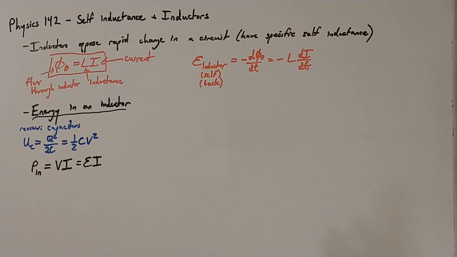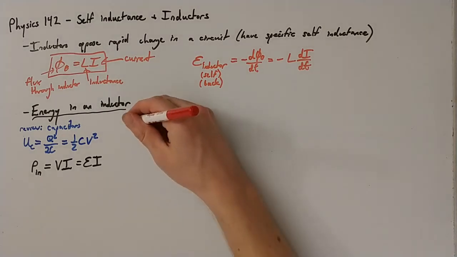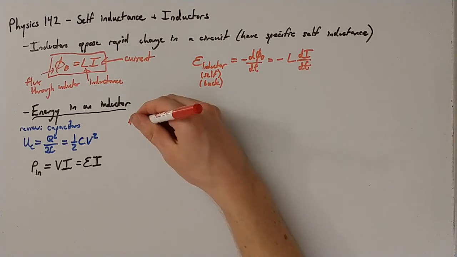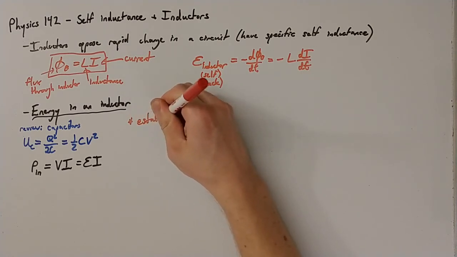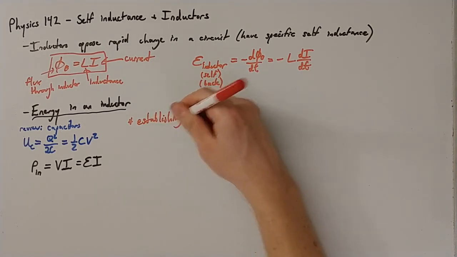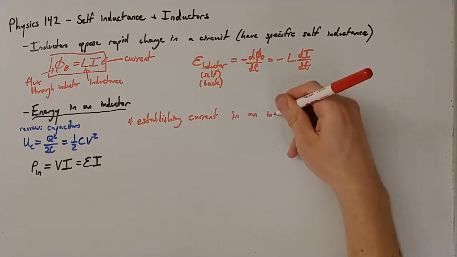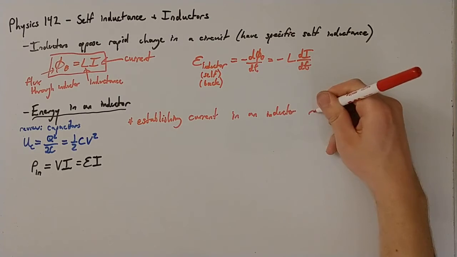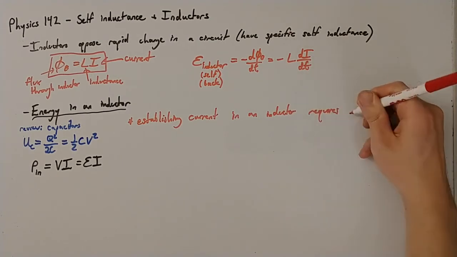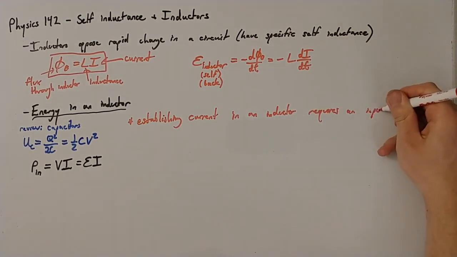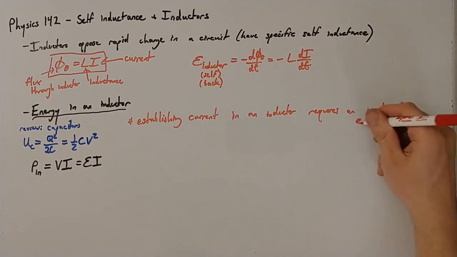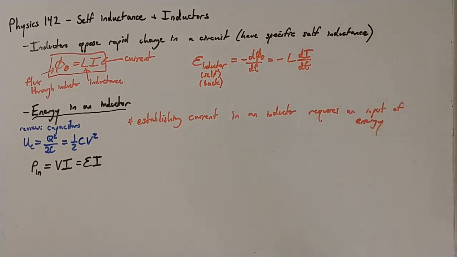You're going to have to put some energy in. So maybe we should write that down: establishing current in an inductor requires an input of energy.